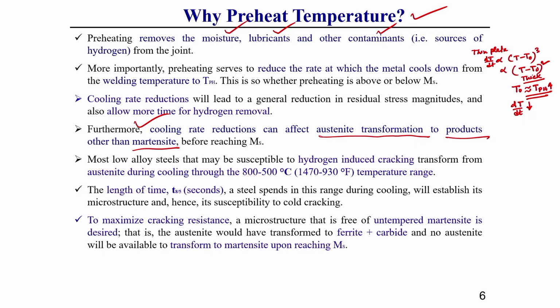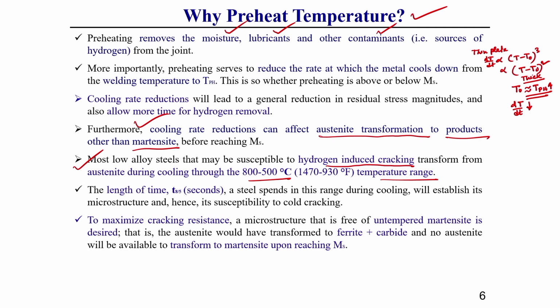And another thing you should keep in mind, here I have written: most low alloy steels may be susceptible to hydrogen induced cracking, transforming from austenite during cooling through the 800 to 500 degree centigrade temperature range. This you should keep in mind.